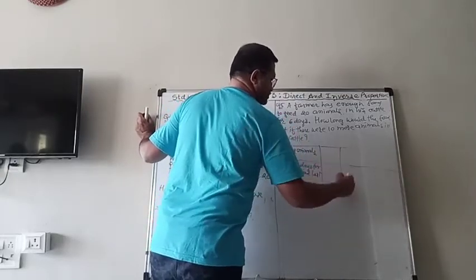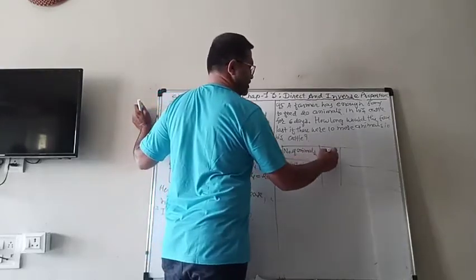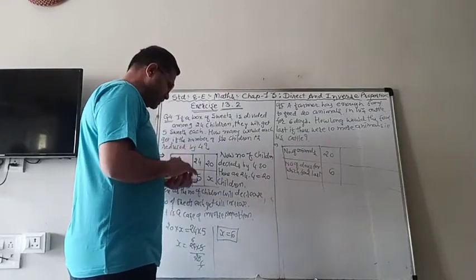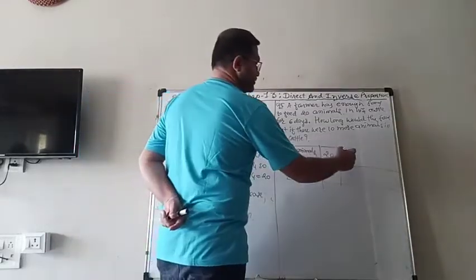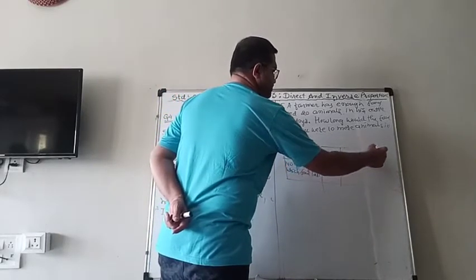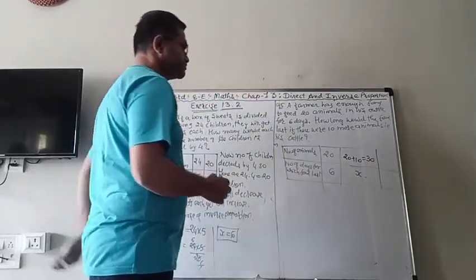So here given that if there are 20 animals, then that will last for 6 days. And if it is 10 more, means 20 plus 10, 30 animals, then how many days?